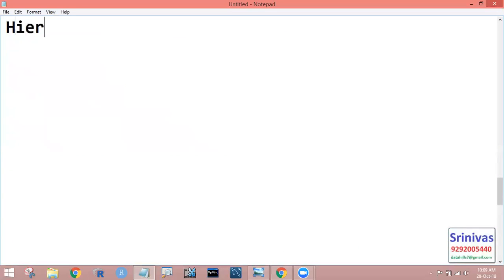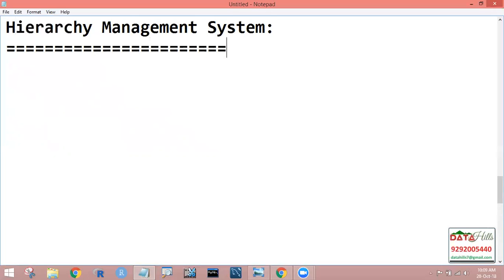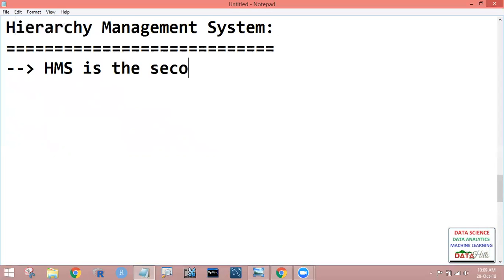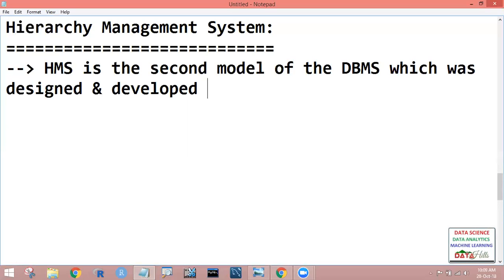That is hierarchical management system. Hierarchy management system, right? This hierarchy management system is the second model of the DBMS, which was designed and developed by IBM company.